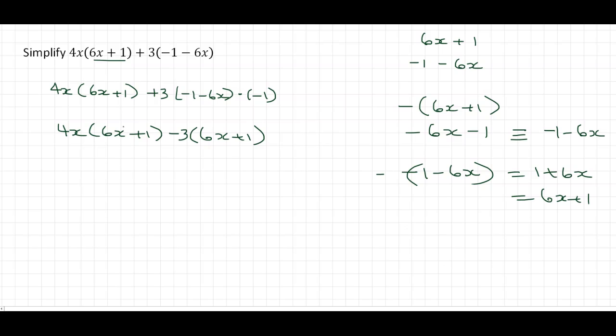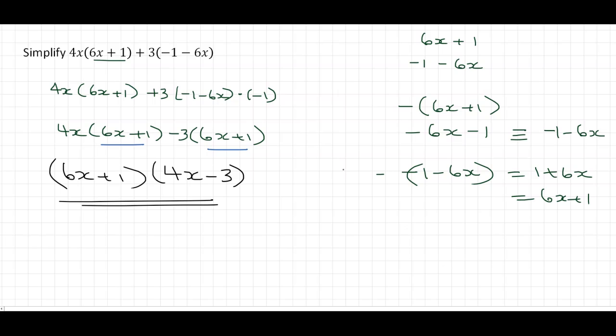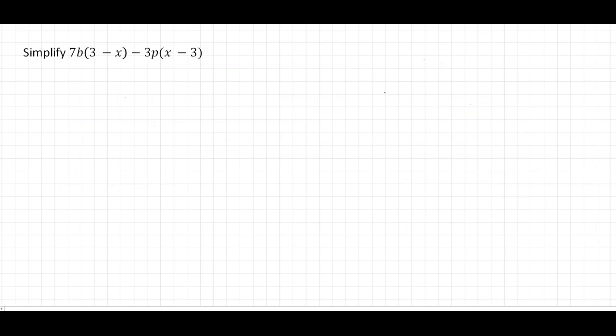So now we have a greatest common factor, which is 6x plus 1 right here, and the other factors are 4x minus 3. So that's that.